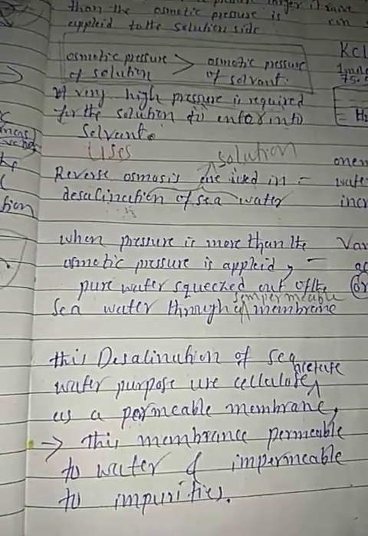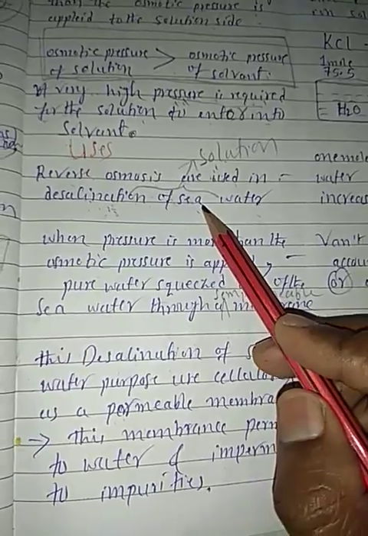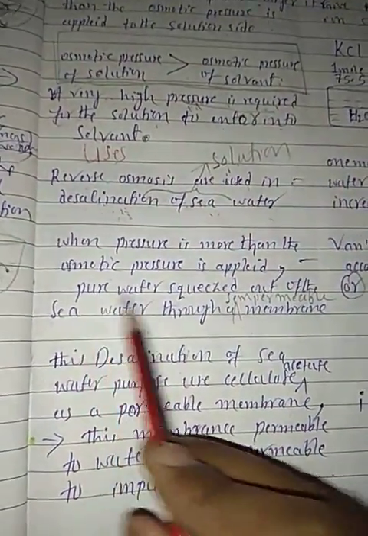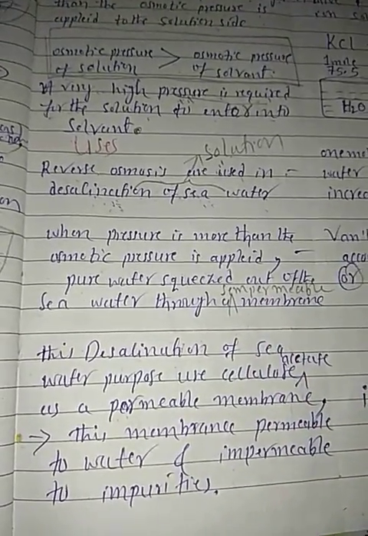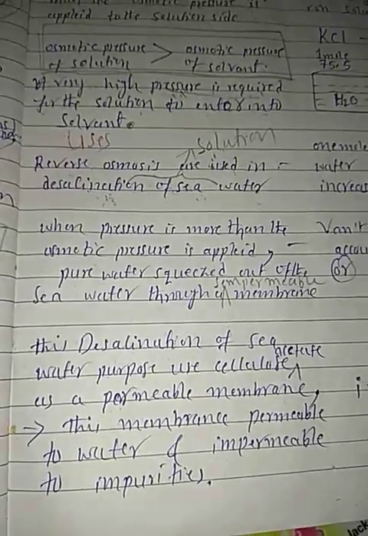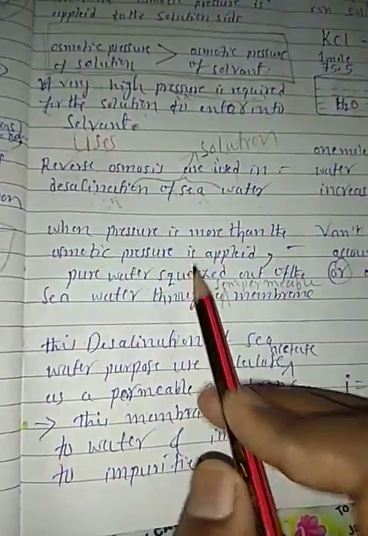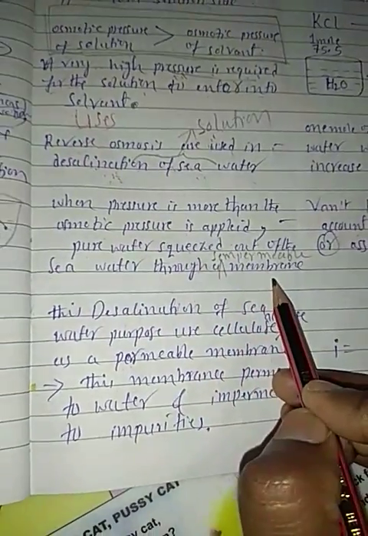So whenever we apply high pressure over this seawater, the pure water, the H2O, sweet water, is squeezed out. Squeezed out means removed through a semi-permeable membrane.